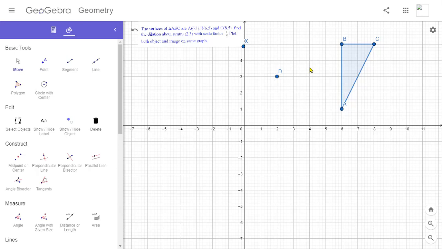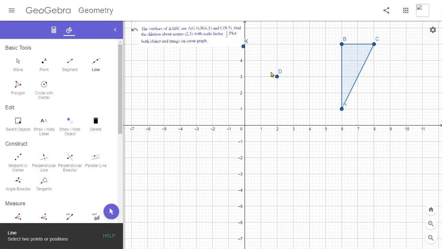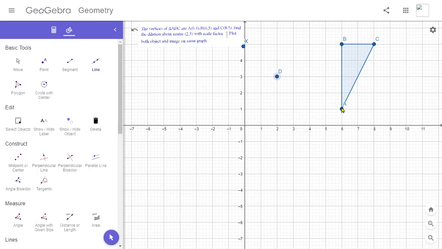And the third step is drawing the lines from each vertex. We have to draw a line from each vertex that passes through the center of this dilation. Okay, let me make the line. Let me take the first point A. Here we have constructed a line that passes through the vertex A and also passes through the center of this dilation.